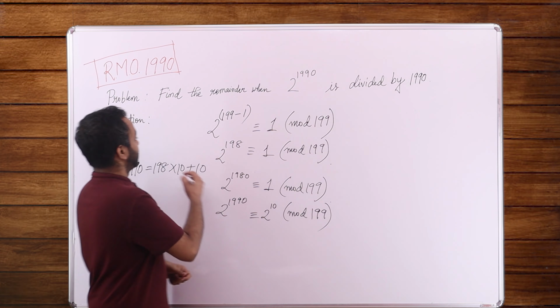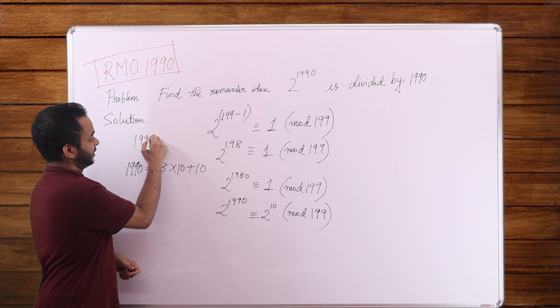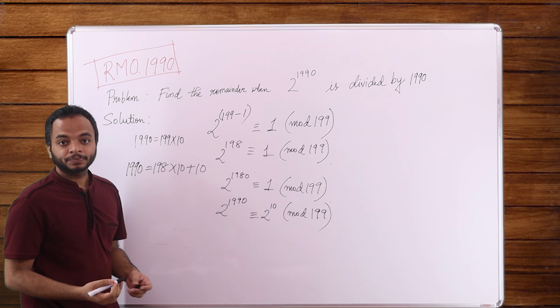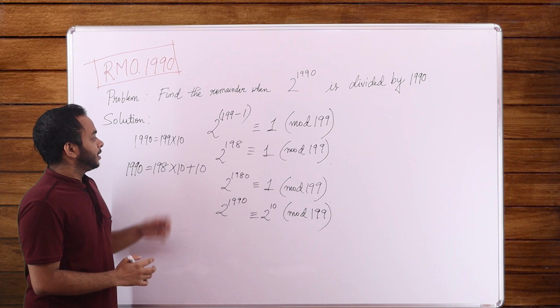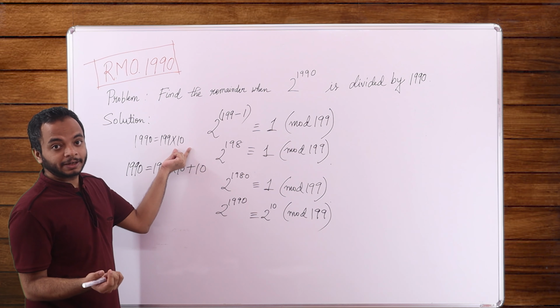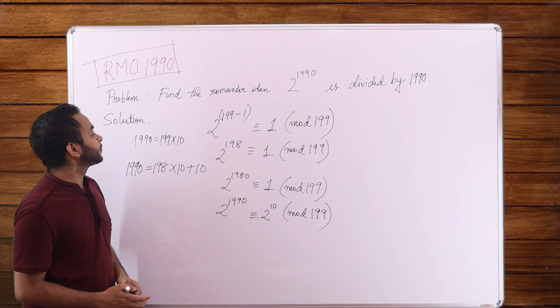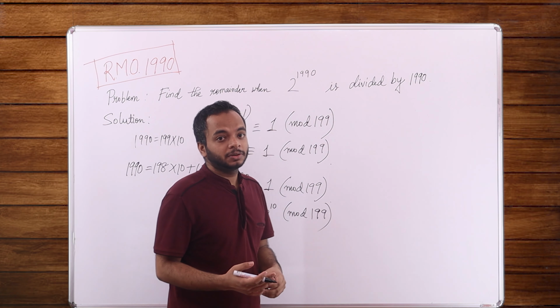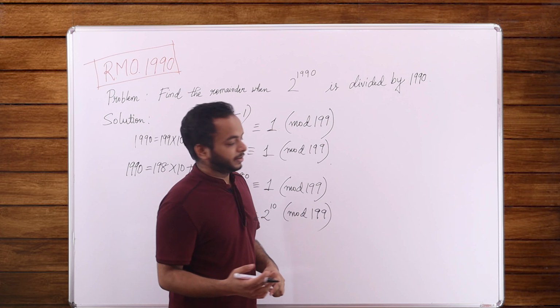the next thing is that I have 1990 equals 199 times 10. So I have to divide by this and also divide by 10 and find out the remainder. If you notice one thing, the powers of 2 repeat the last digit. How?